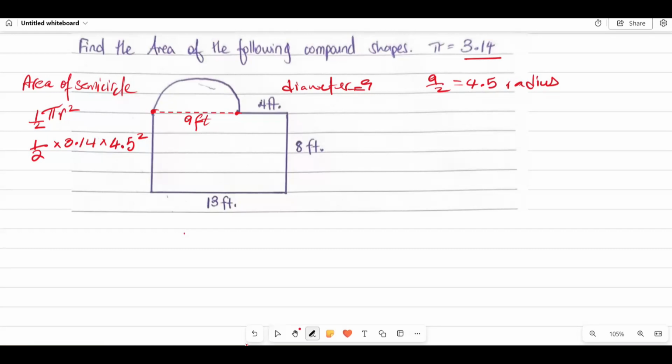When we do this, we're getting 31.79. So basically, this is approximately 31.8 square feet, to three significant figures. So that's for this part right here.